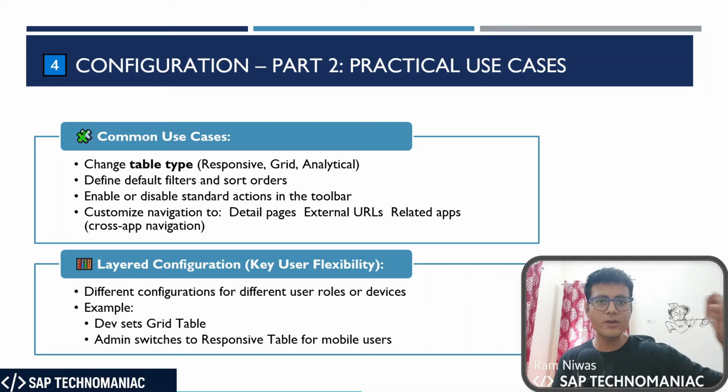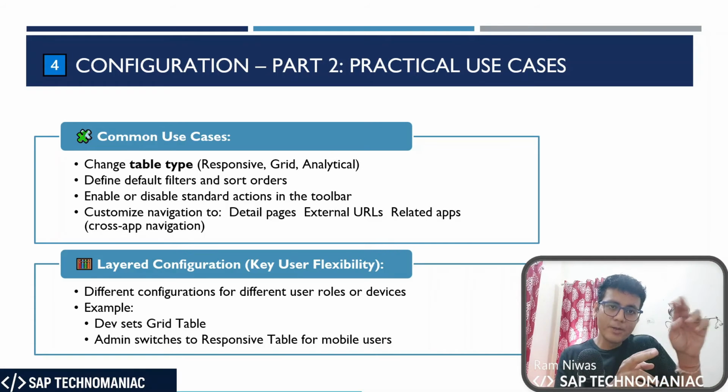Only the important fields will be there, and other fields will move down. That is because by default the Fiori list report page uses the responsive table, and it uses navigation to the object page. I want to change that kind of setting. I want all the fields in one column, then all the values in the other columns. I don't want to move the field and value pairs below the first line.